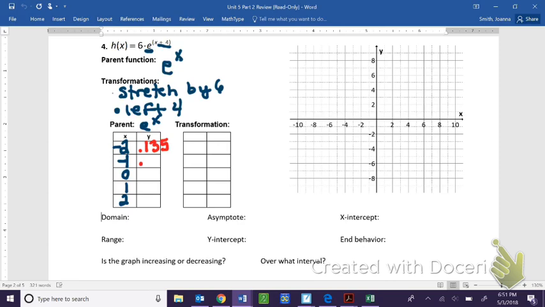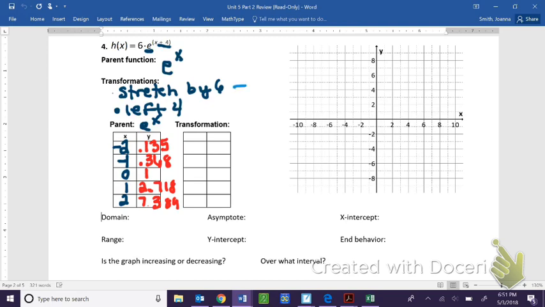E to the negative 1 is going to be 0.368. Anything to the 0 power is 1. E to the first power is 2.718. And then finally, e squared is 7.389. So this is the parent table we're going to be using to fill out our transformation table.